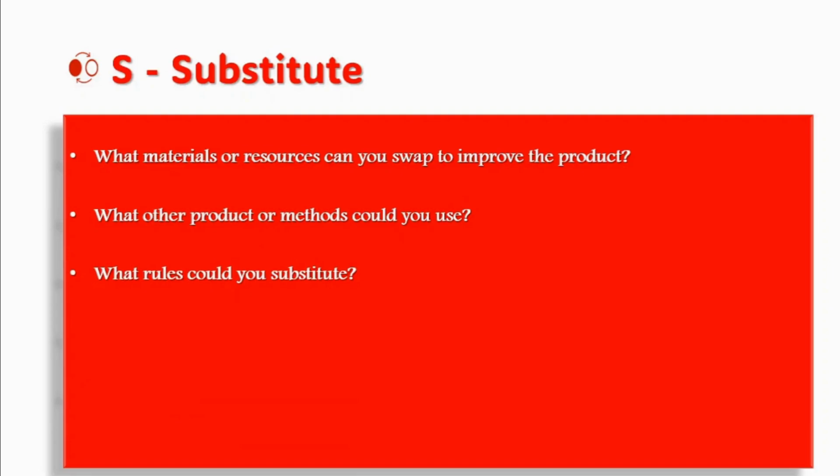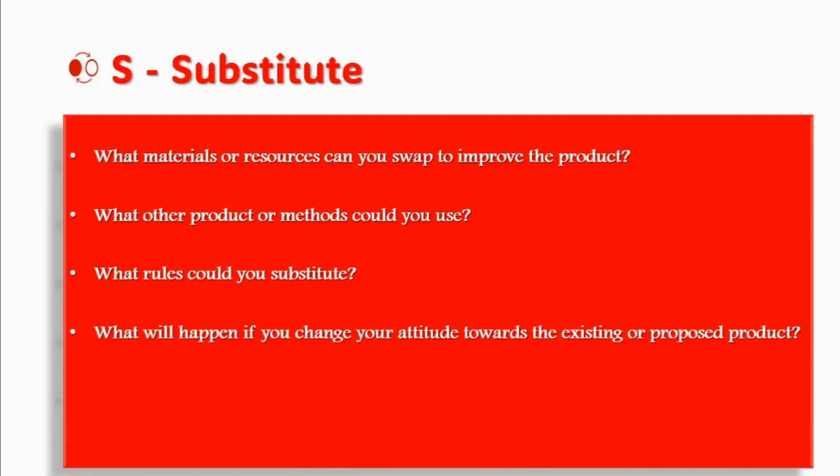What rules could you substitute? What will happen if you change your attitude towards the existing or proposed product? And the last one, replace a thing or concept with anything else. So ultimately at the substitute step you have to think about the replacement, whether it's a resource, method, product, or anything associated with the product.